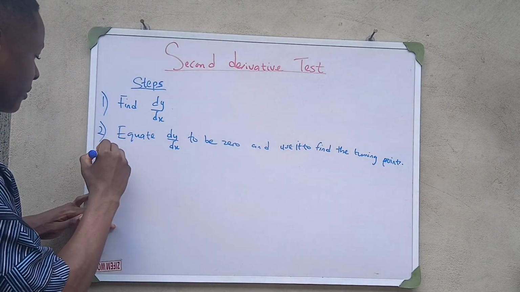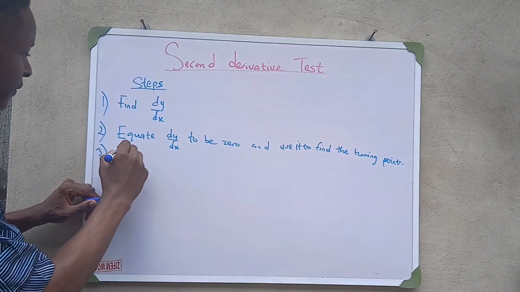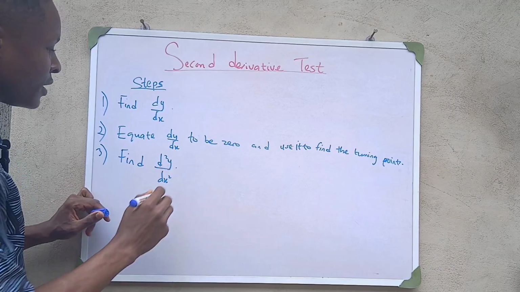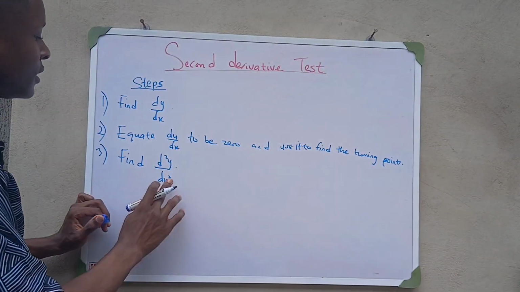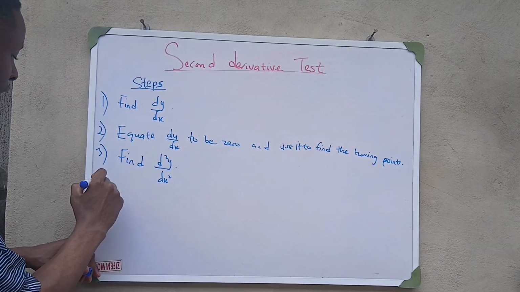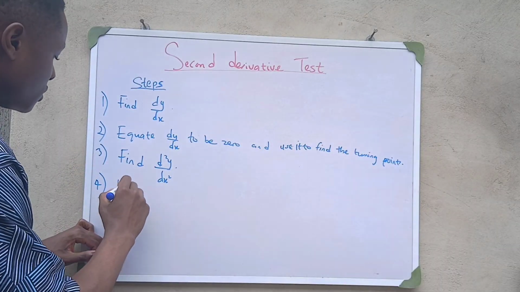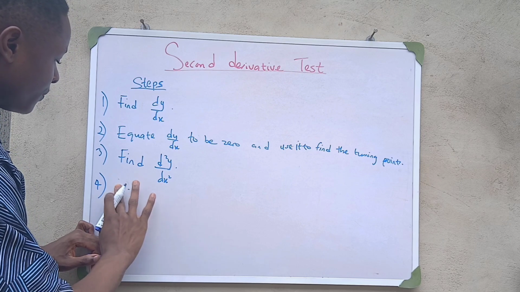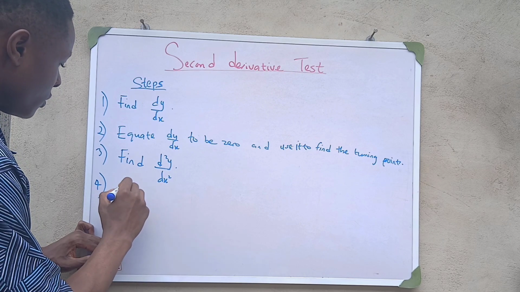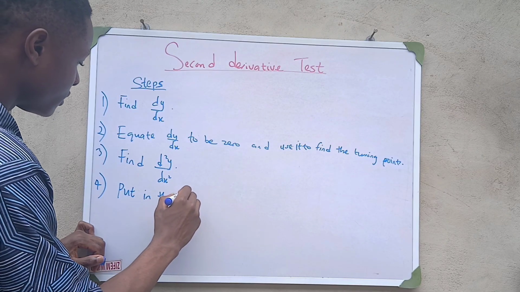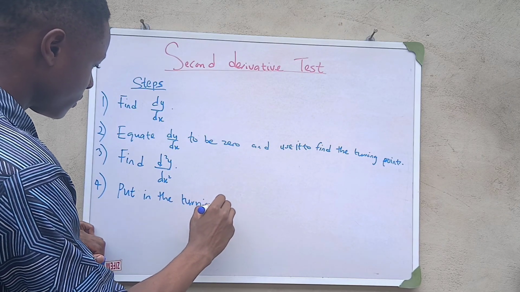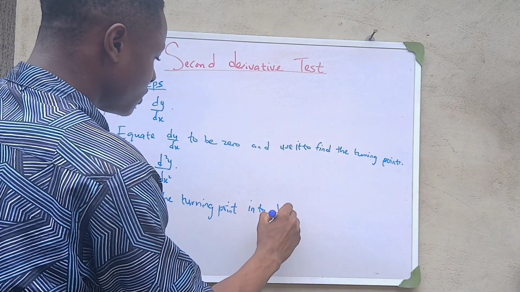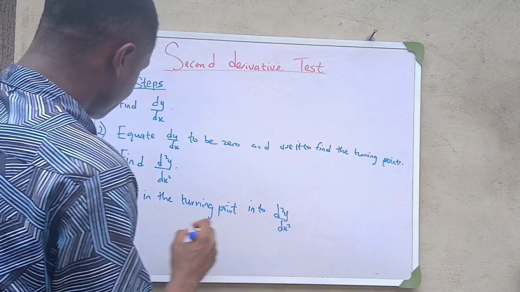The third step is to find d²y/dx². After we have found our turning point, we now find d²y/dx². Then number 4, we put in the values of the turning point into d²y/dx².